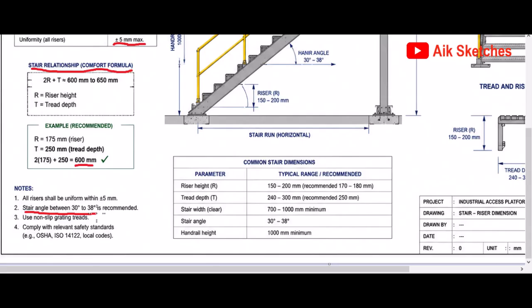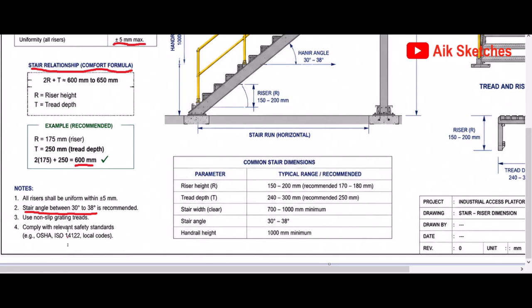Okay, so notes below: for stairs of an access platform, all risers should be uniform within plus or minus 5 millimeters. We've already mentioned that. The stair angle, this is very important. A stair angle between 30 degrees and 38 degrees is recommended.